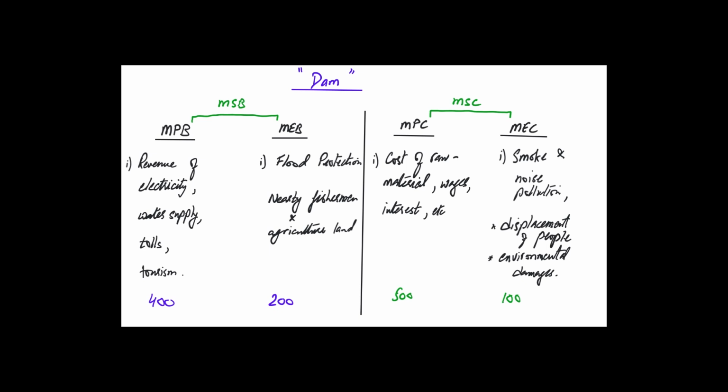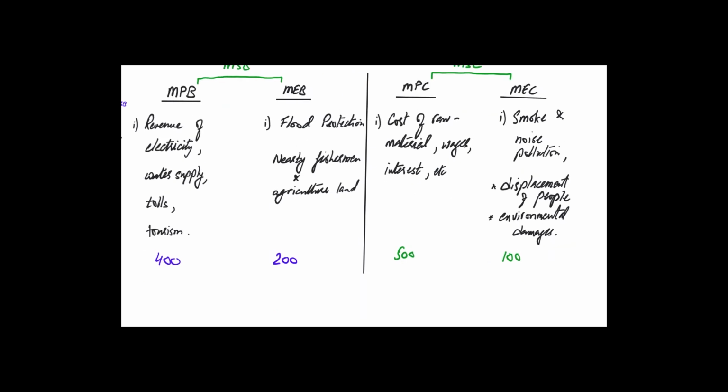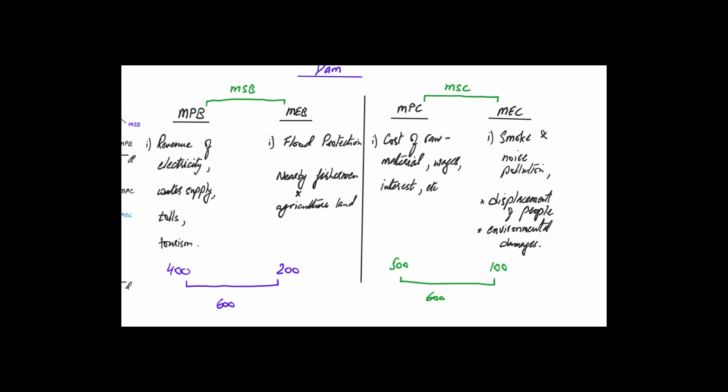When we add them up together, what do we get? Our social benefit is 600 and our social cost is also 600. Social benefit is equal to the social cost. If the government was to do this project, the government would continue with it because the social benefit equals the social cost.